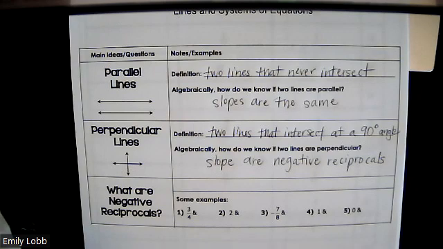So what are negative reciprocals? So we know what a reciprocal is, right? When we're talking fractions, reciprocals, what do we do with the fraction? We flip it. So when we divide, we multiply by the reciprocal. We change, right? Or change, flip.